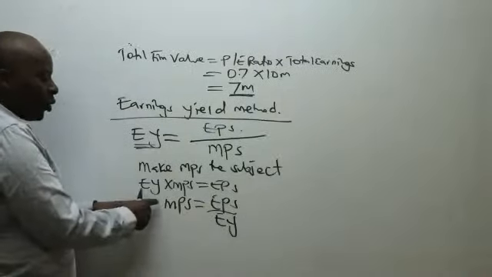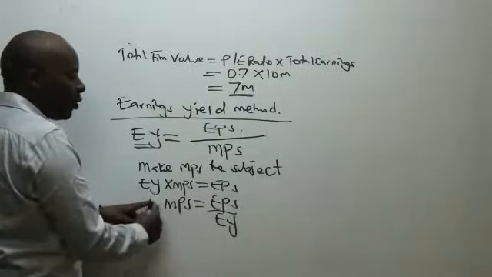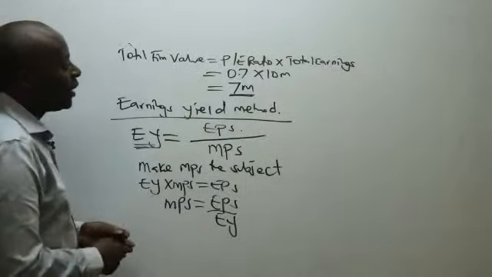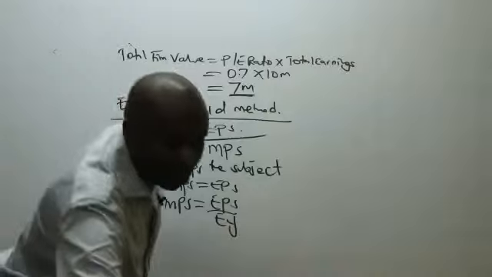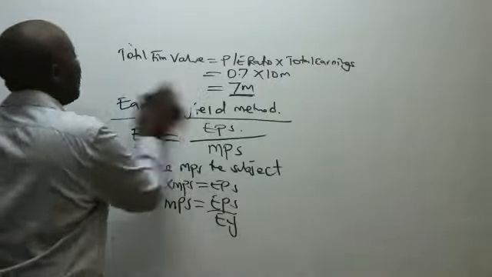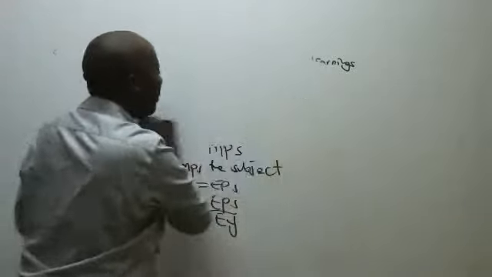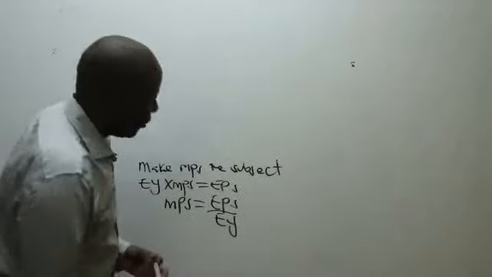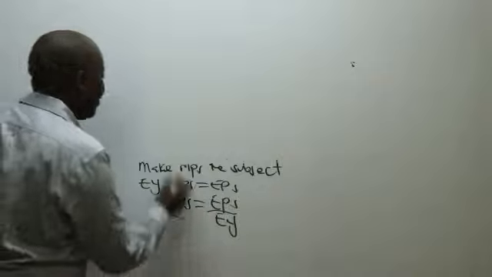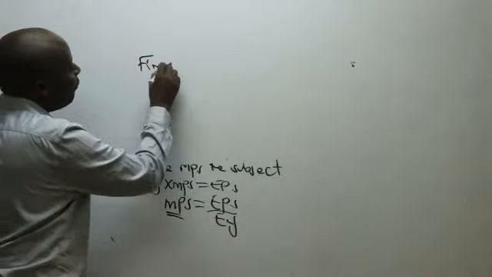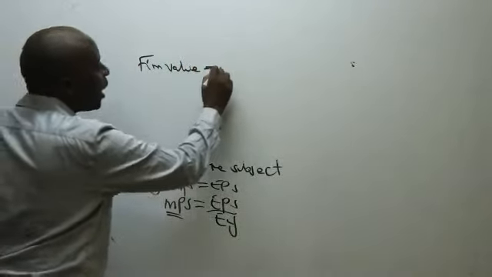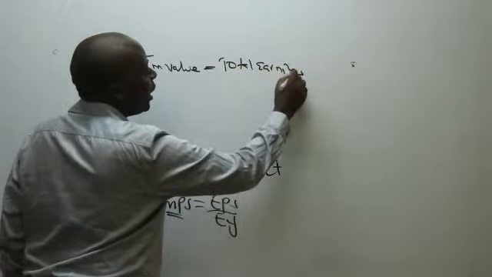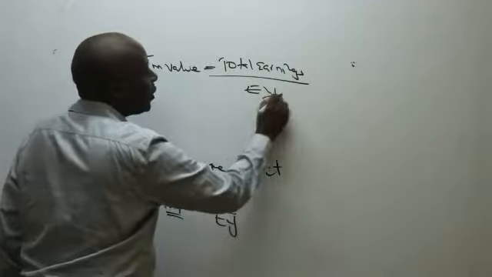And if I was to introduce the number of shares concept on both sides of the equal sign, what are we saying, ladies and gentlemen? What we are saying here is quite a simple thing. That in short, for me to be able to get firm value using this approach, I'll be taking the total earnings all over the earnings yield.